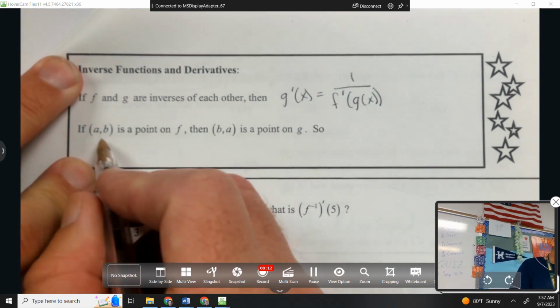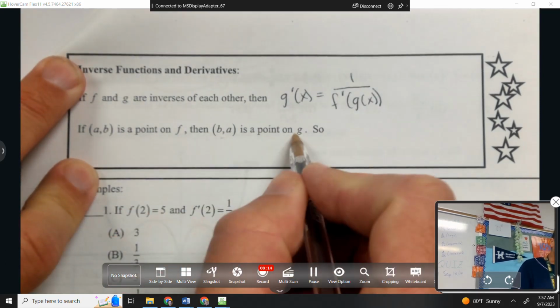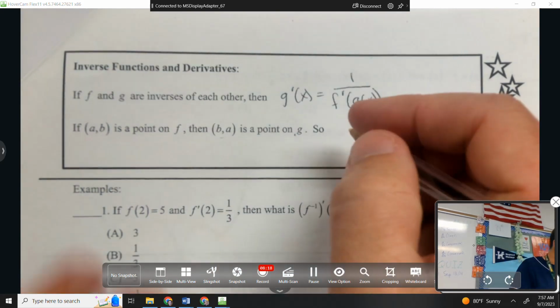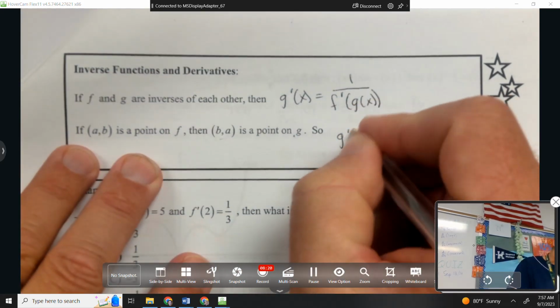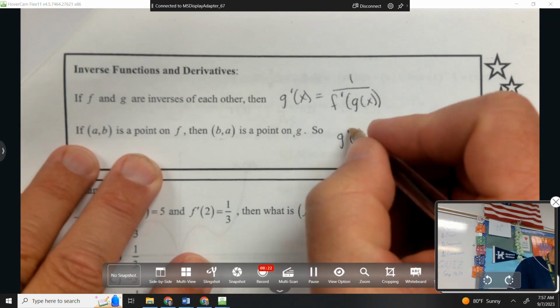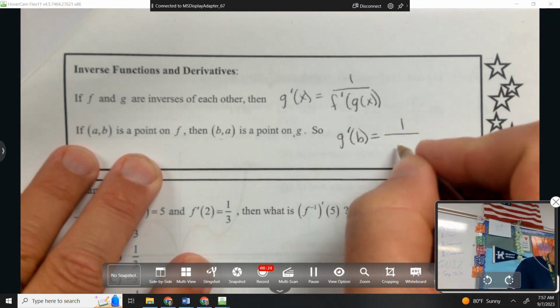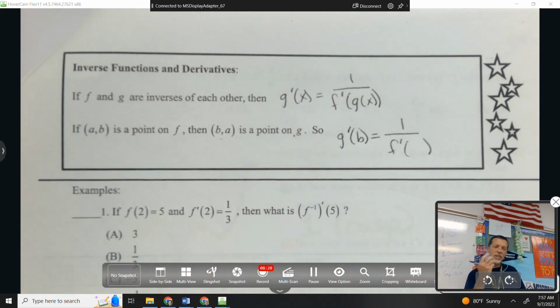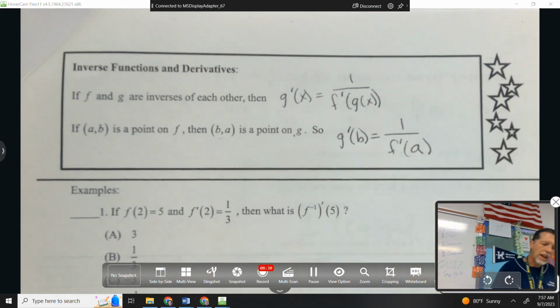If (A, B) is a point on f, then (B, A) is a point on g. That's what it means to be inverses. So here's the tricky thing: g prime of B is 1 over f prime, but not at B, you have to switch x and y, f prime at A.